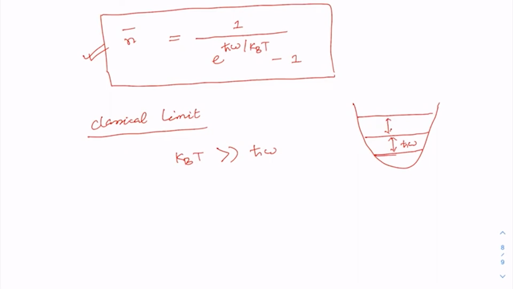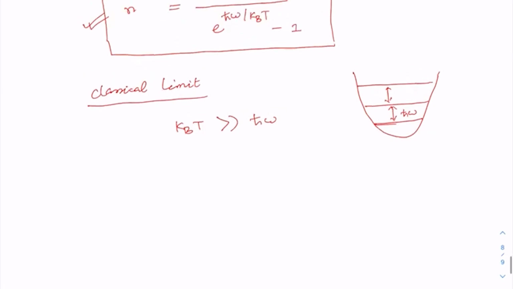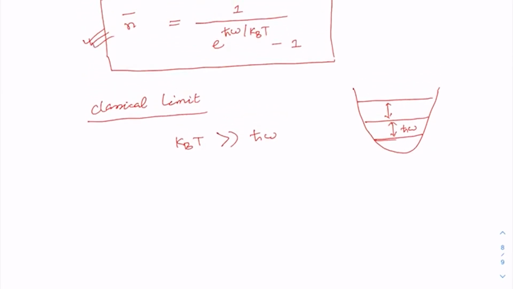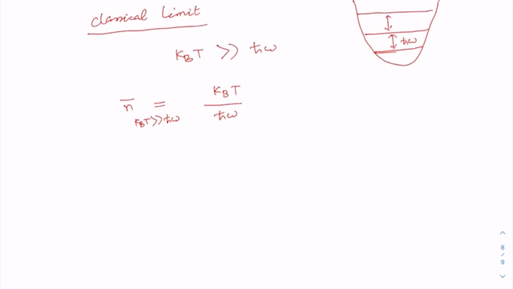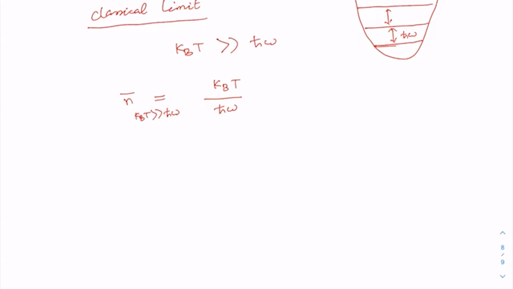So the whole system will behave like, you will not be able to see this discrete nature. So in that case, this harmonic oscillator is going to behave classically, and in the classical limit, from this expression, you will get the average number of quanta would turn out to be, when kBT is much greater than h cross omega, you can easily see that that would be kBT divided by h cross omega.